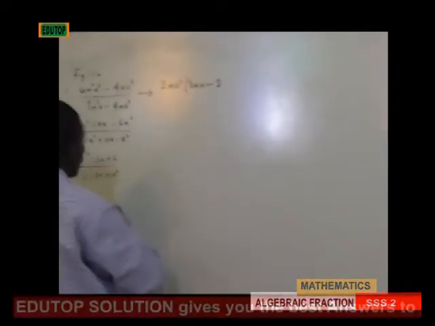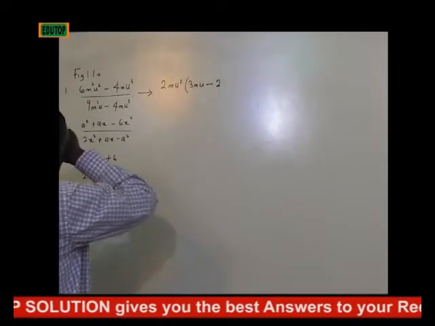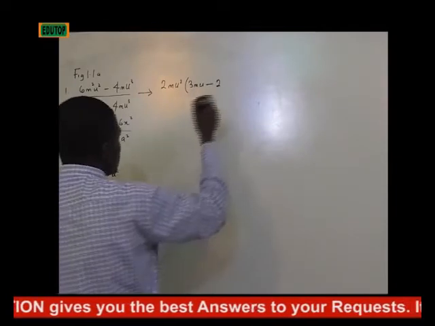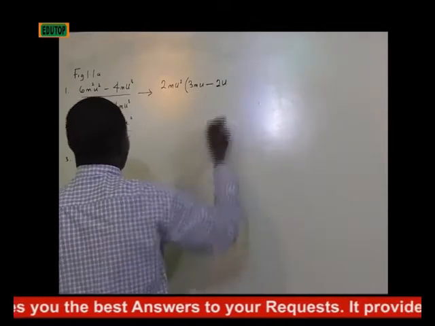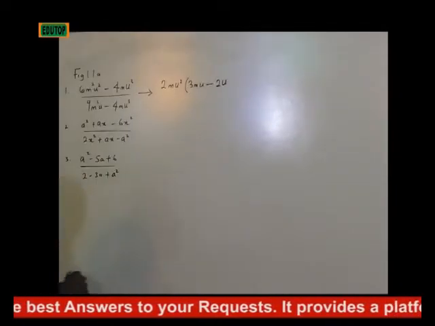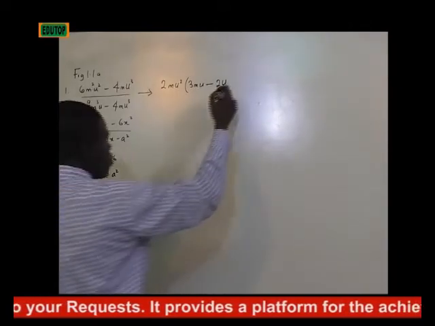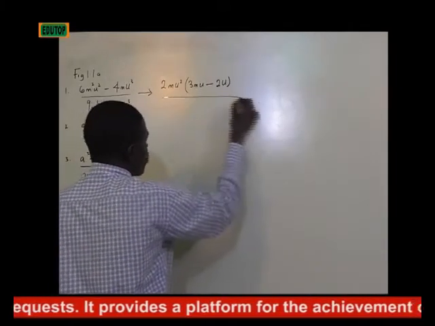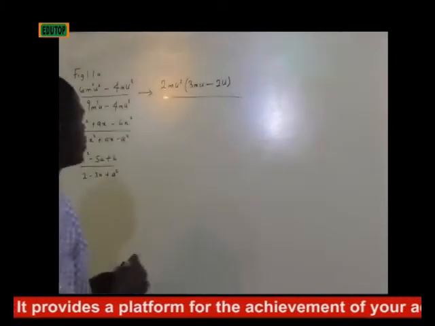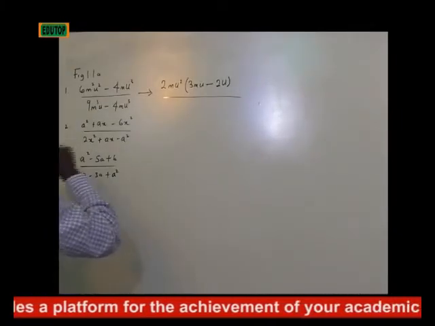If I factorize m from there, there will be no m any longer. Then if I factorize u square out of this, then I'll be left with u. Then I can close this. And so I have settled the numerator. Let me move to the denominator.